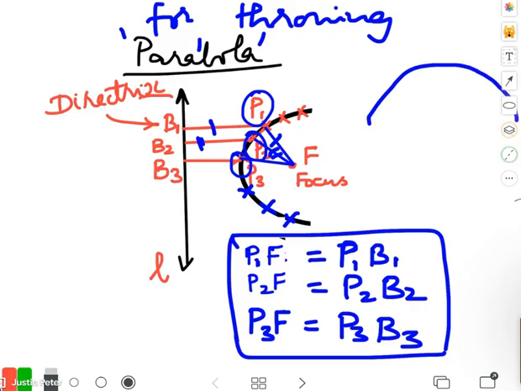So you throw a ball in the air, cricket ground, right? You throw the ball, it goes all the way up, and then it's going to fall down like a bell curve. Which is nothing but a parabola. Is this clear?